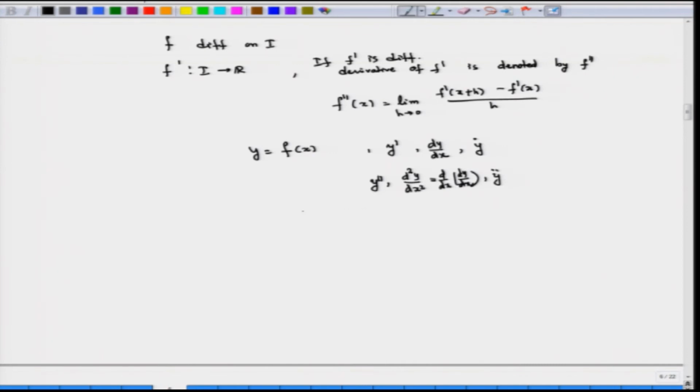So in general we write f n for the nth derivative of f, and d n y by d x n equals d by d x of the previous derivative.